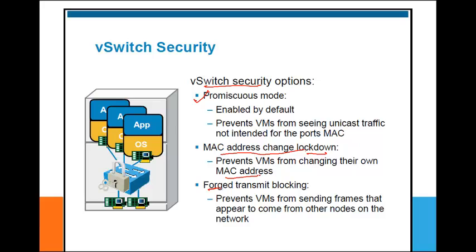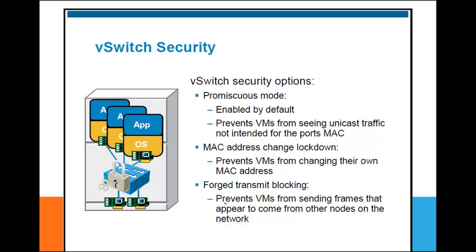The third one is forged transmit blocking. What is this? If it is coming from a different network, that is what forging means. It prevents a VM from sending frames that appear to come from another node on a network. Another node on a network means it won't allow communication from one node pretending to be another node.